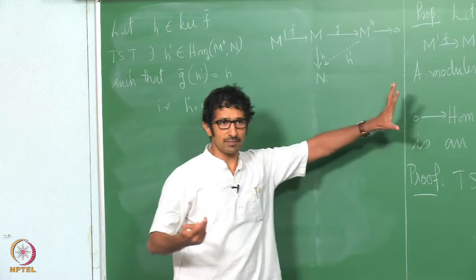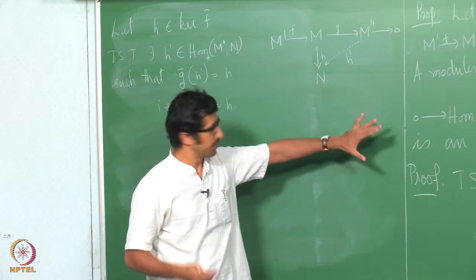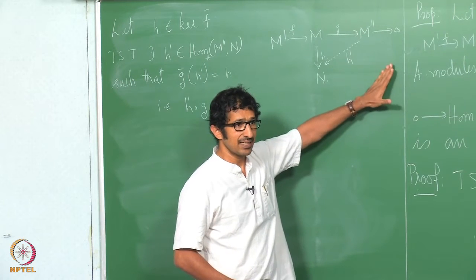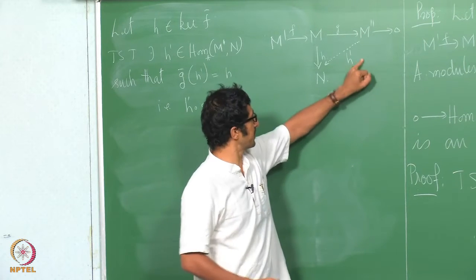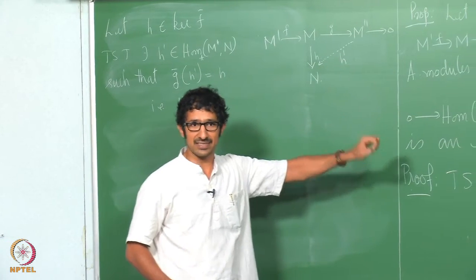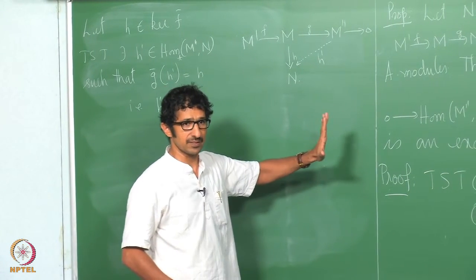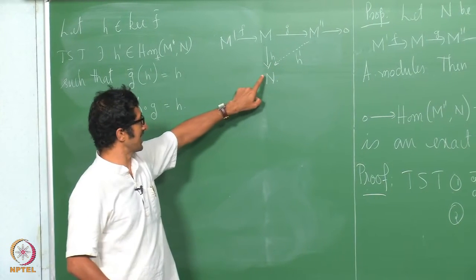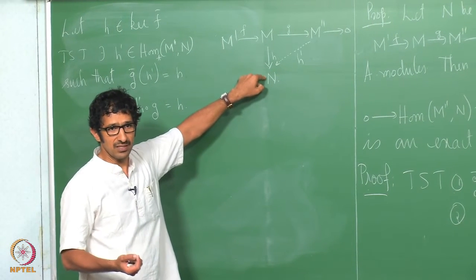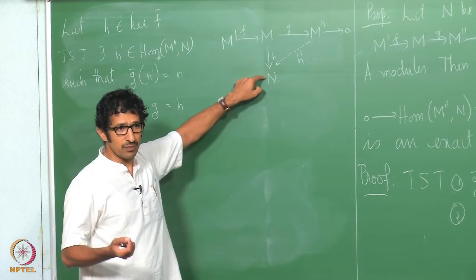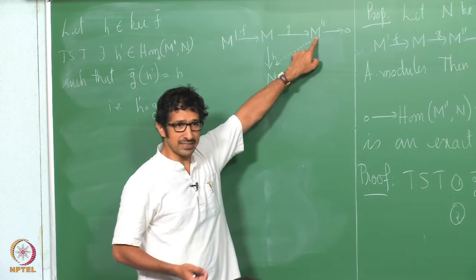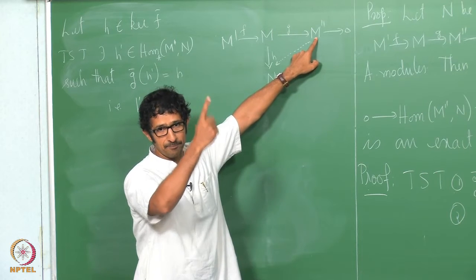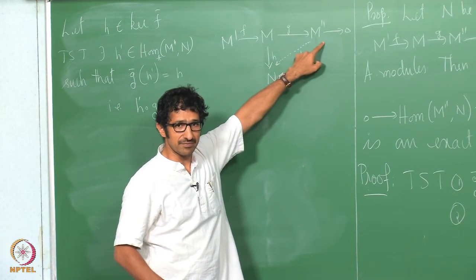So, now there is a way out. We want to define H prime and say that this is precisely the map that works. So, I start with an element here and I want to get an element here. We have to make use of the fact that the given sequence is exact. This is surjective.